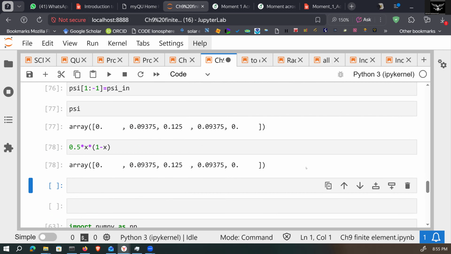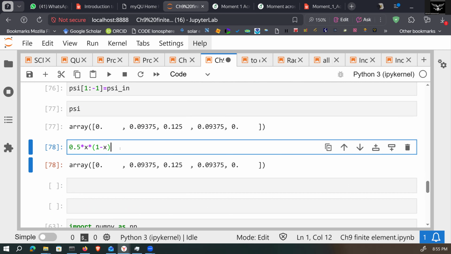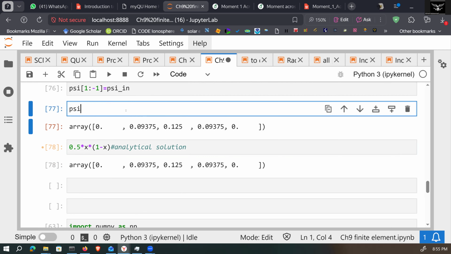And if we run this, let's call this the analytical solution, and this is the numerical solution, specifically finite element.